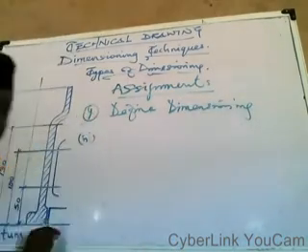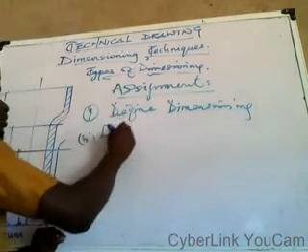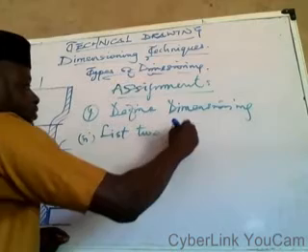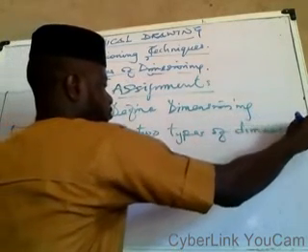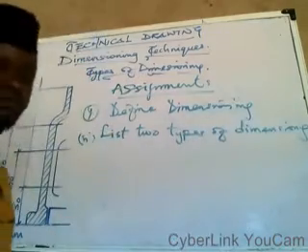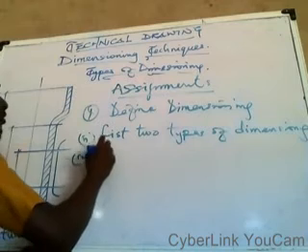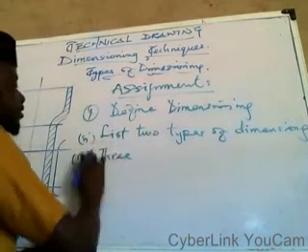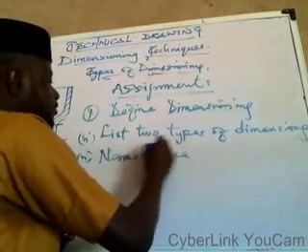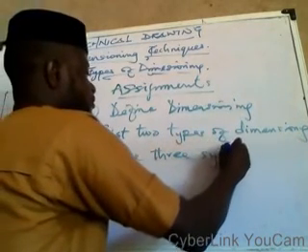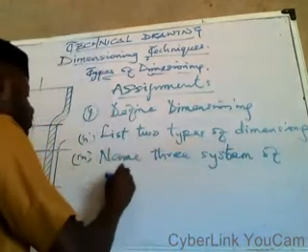Number 2, list 2 types of dimension. Number 3, name 3 systems of dimension.